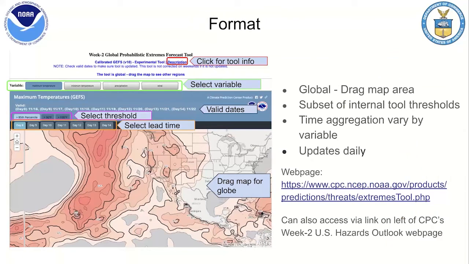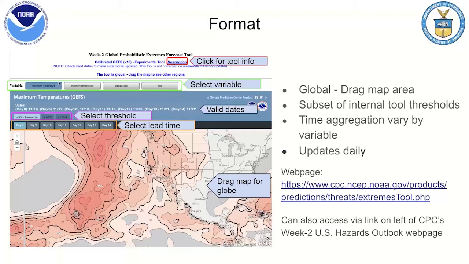So here's a little about the format to get an idea of how to navigate the public extremes tool. Here's the web page shown on the right that you can access. You can also access this via a link on the left of the CPC US Hazards webpage. On the top, highlighted in red, is the description that I mentioned, where you can get more information about the tool.